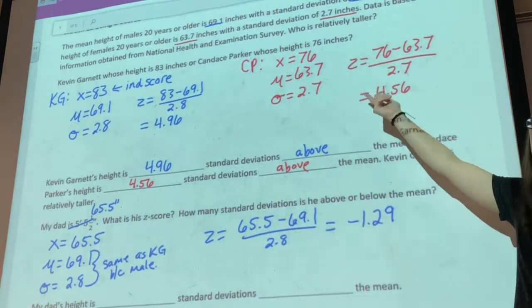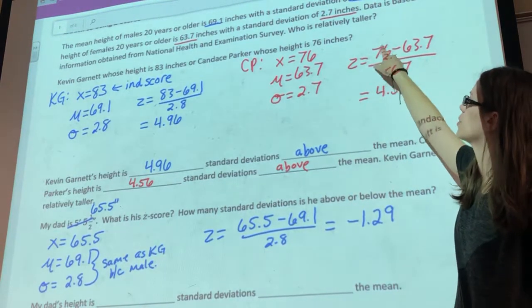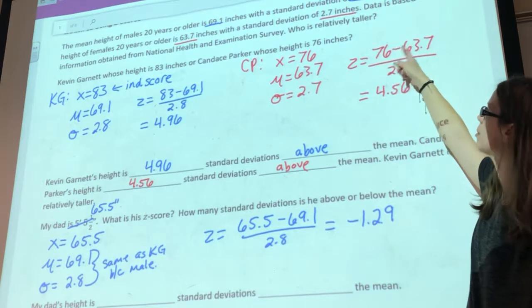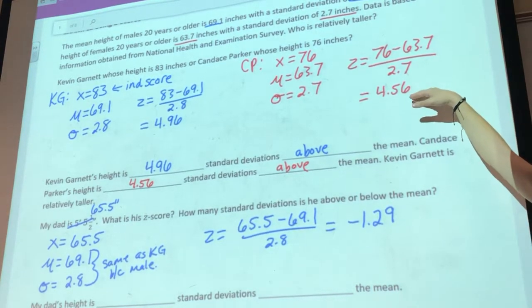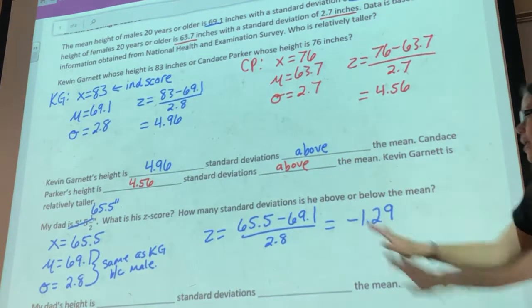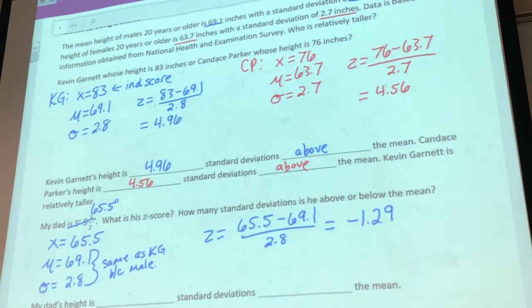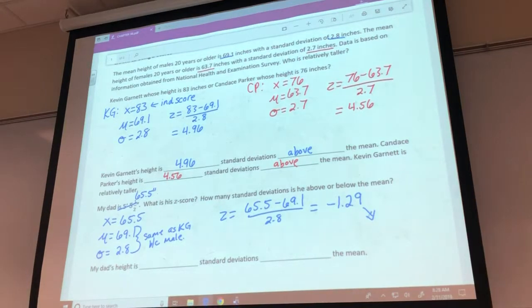For both of these people, since they were tall, their height was larger than the average. So we take a larger number minus a smaller number, we get back a positive number. So here, a negative sign isn't a bad thing. It doesn't mean you did anything wrong. All it means is we've got a negative z-score.